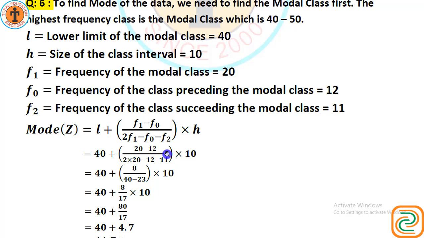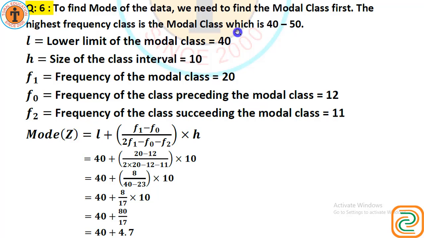Right? The modal class is 40 to 50 because it has the highest frequency 20. 40 is the lower limit, 10 is the class size. Modal class frequency is 20 and preceding 12, succeeding 11.